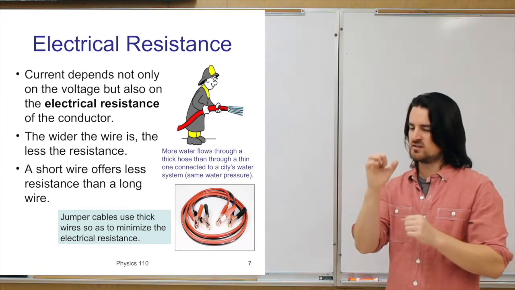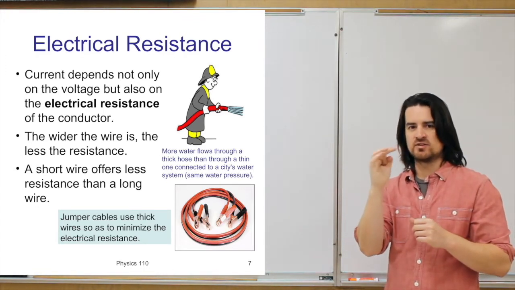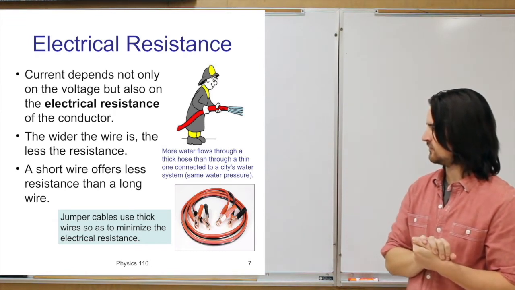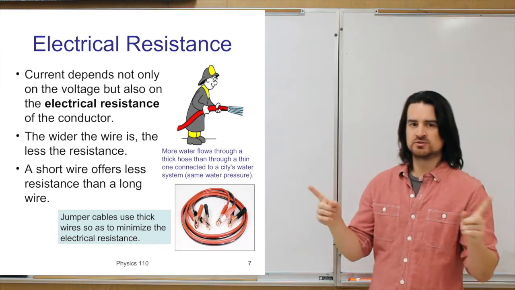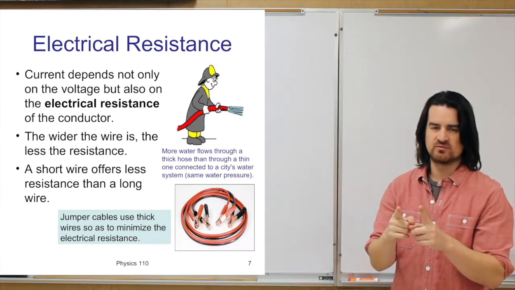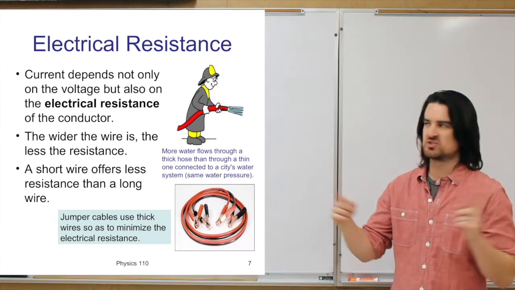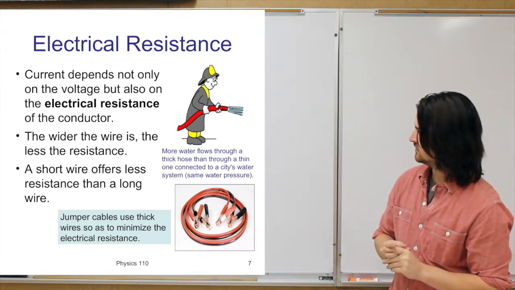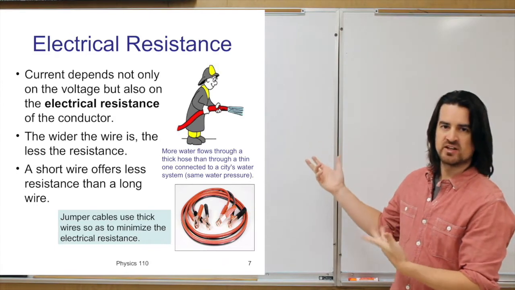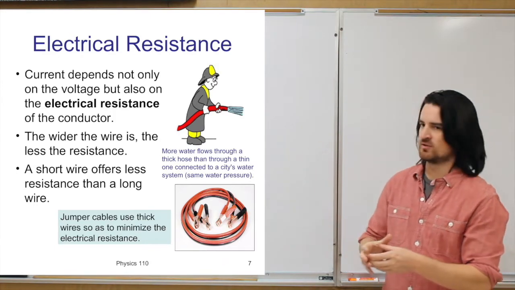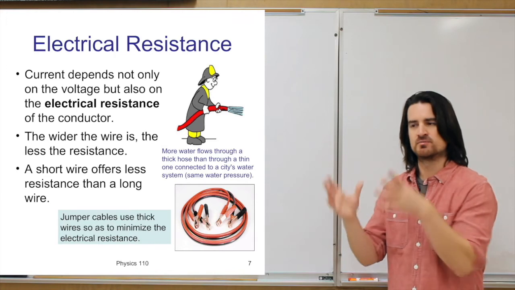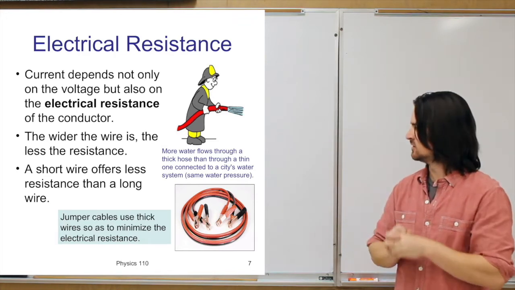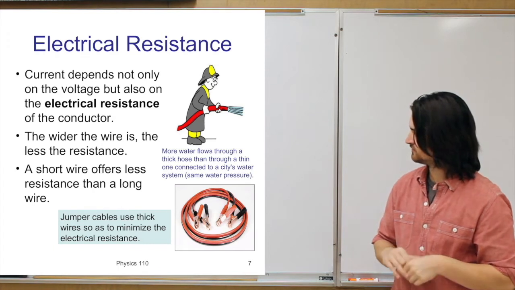So a very thin, tiny wire is going to present more resistance than a much fatter wire would. And also a shorter section of wire is going to present less resistance than a longer section of wire. You can think about this in the hose analogy: if you have a fat hose, it's much easier to push more water through it than a very tight, small hose.